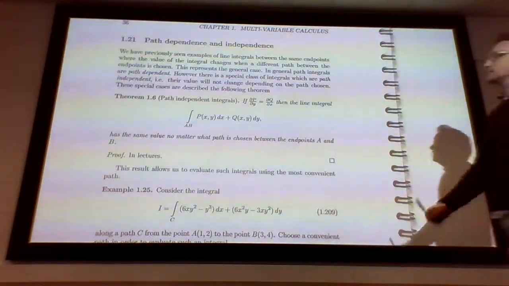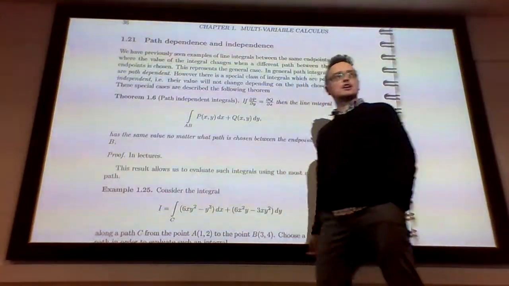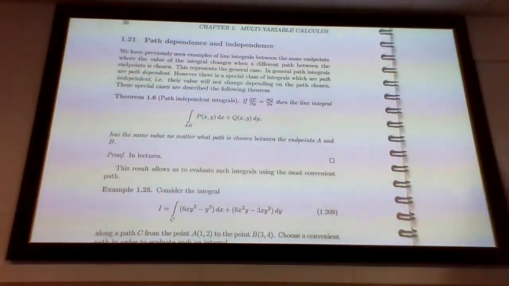When we were doing path integrals, or integrals over curves, we showed in a few examples that if you took different paths between endpoints, the same starting point and the same endpoint, and integrated the same linear differential form along the two paths, in general you expect those to give you different answers. Okay?